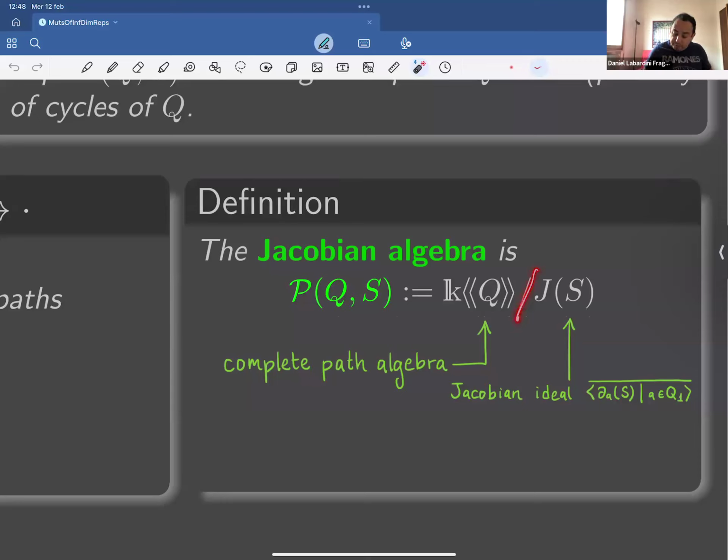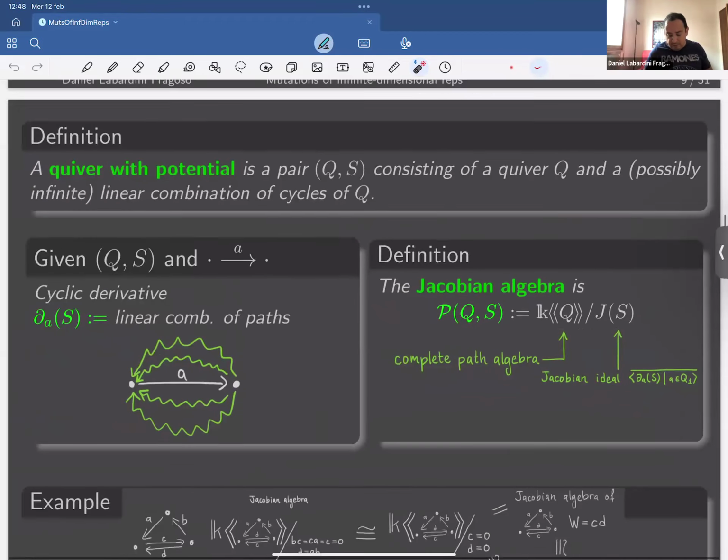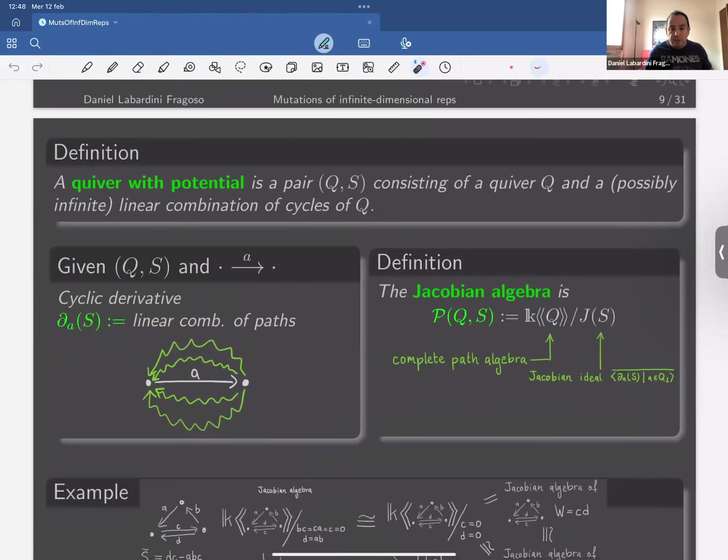And from there, one mods out a certain topological closure of the ideal generated by the cyclic derivatives, where the topology is the m-adic topology. The open neighborhoods around 0 are simply the positive powers of the ideal generated by the arrows inside the complete path algebra.